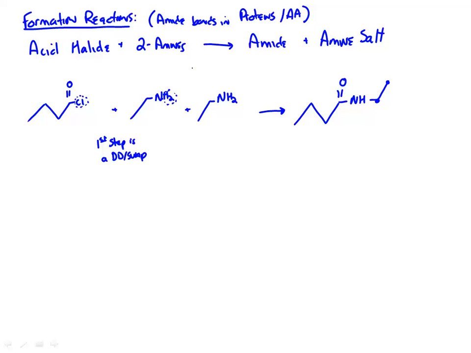And then what you really get is, for your second step, because you have HCl plus an amine, do you guys remember what we always said hydrochloric acid and amines make? They tend to make amine salts. And so in this case, what you're getting is an amine salt. So you're getting NH3+ Cl-. So you make your amide and you make an amine salt. And that's why you have to have two amines present.